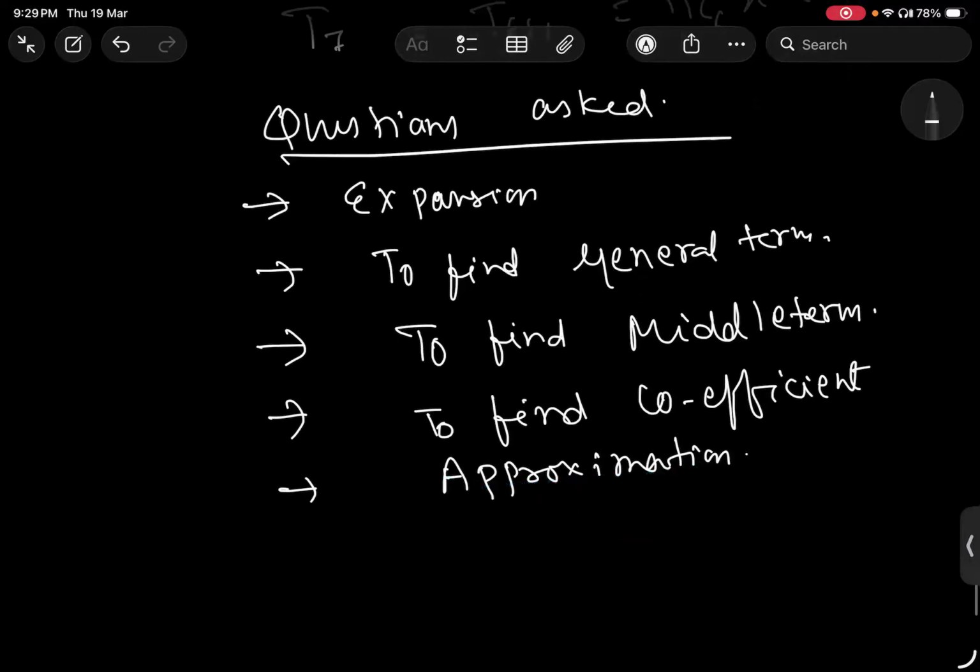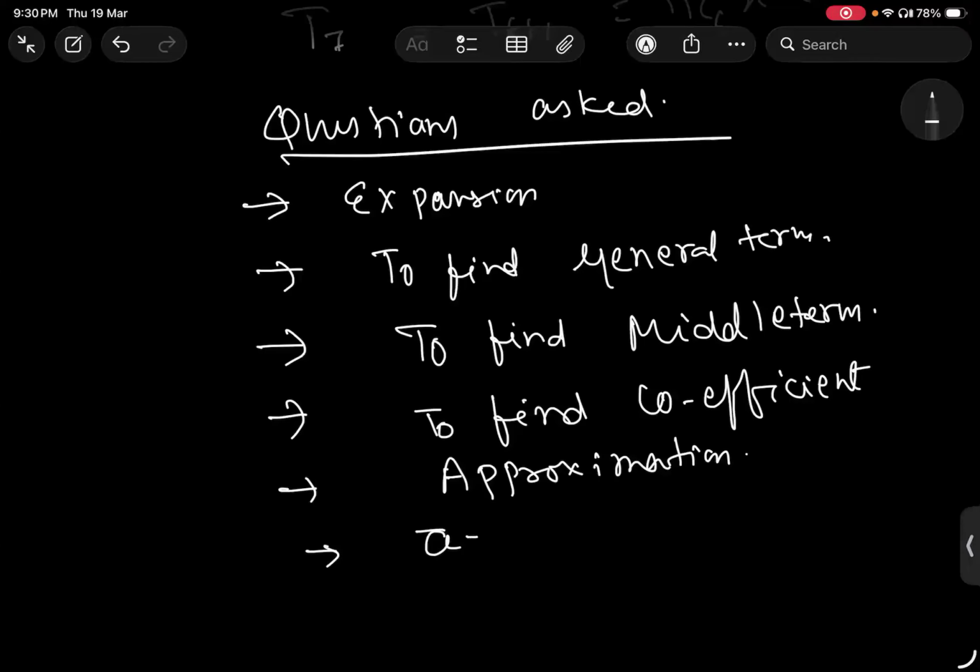And to show a factor of a given expression, sometimes we have to prove that a minus b is a factor of a to the power n minus b to the power n.